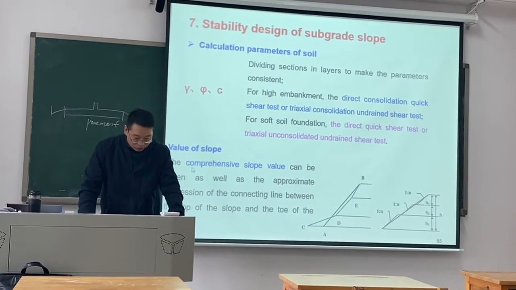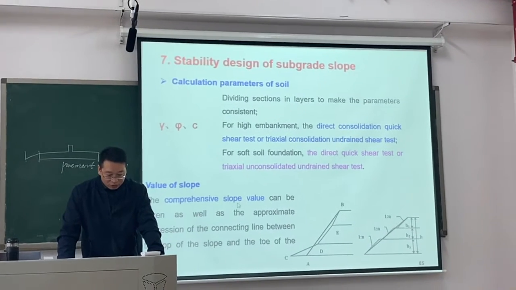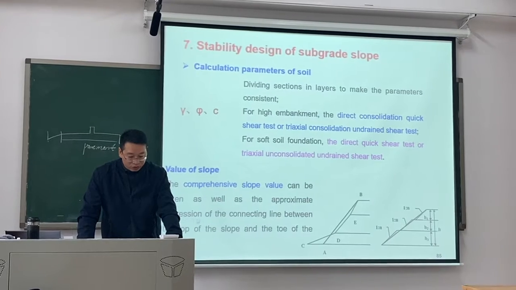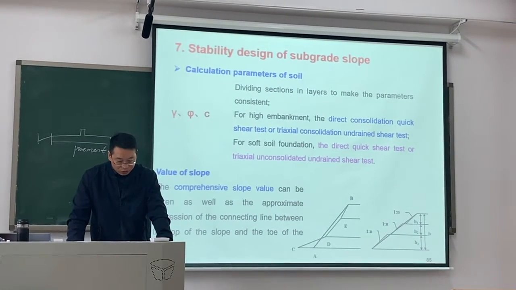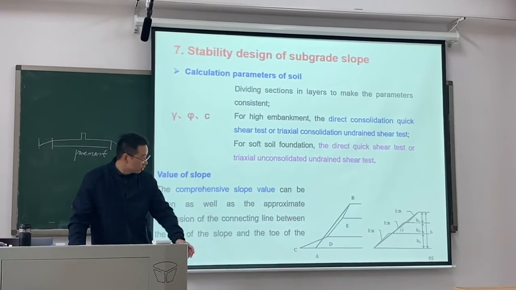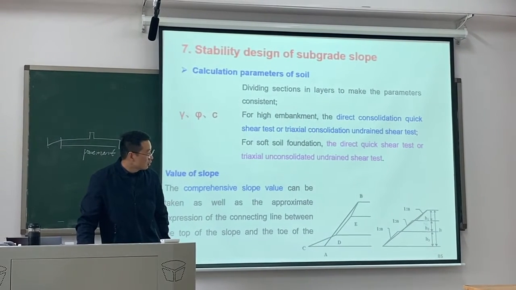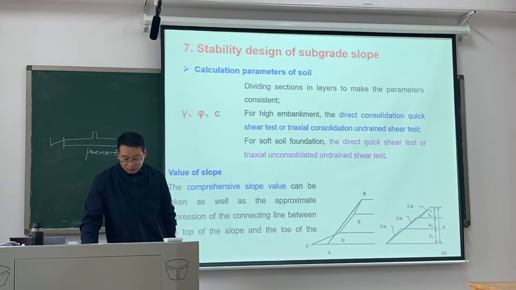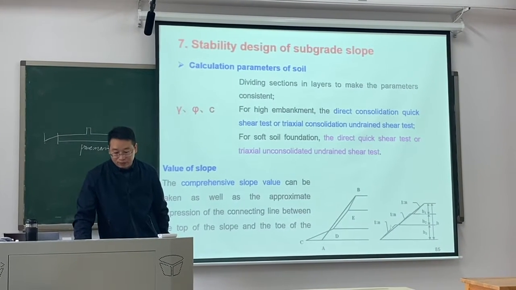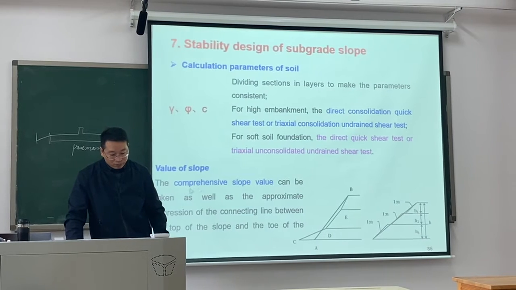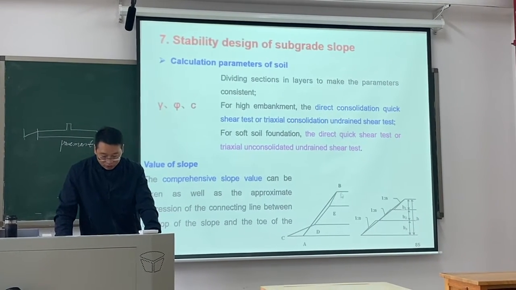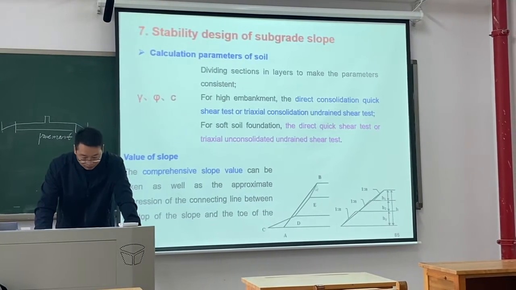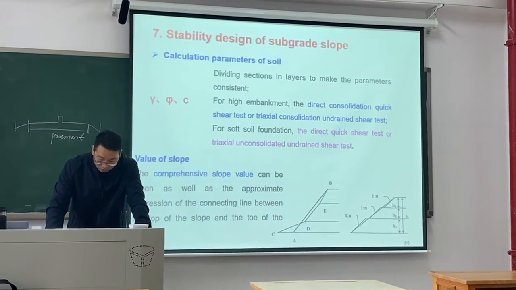We should use the comprehensive slope value, as well as the approximate expression of the connecting line between the top and the toe of the slope, just like this. The connecting line, this is the comprehensive slope value, just like this AB.